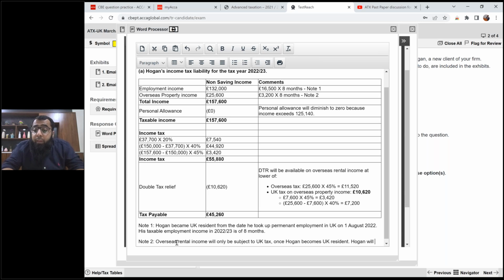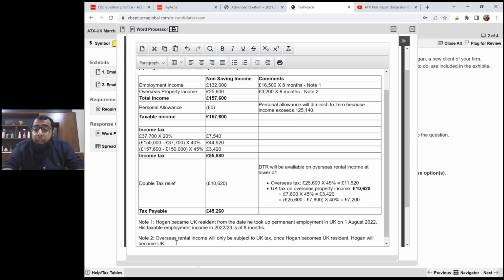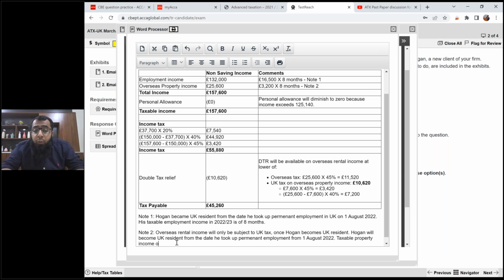Hogan will become UK resident from the date he took up permanent employment from 1st August 2022. Taxable property income of Hogan in tax year 2022-23 will be of 8 months.